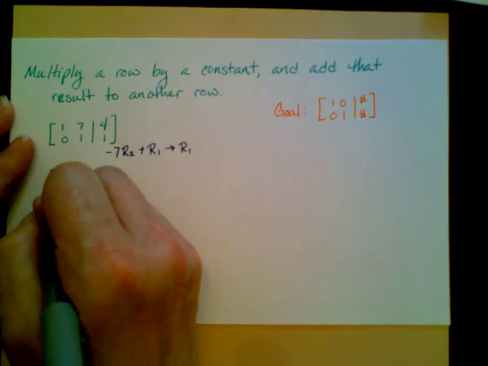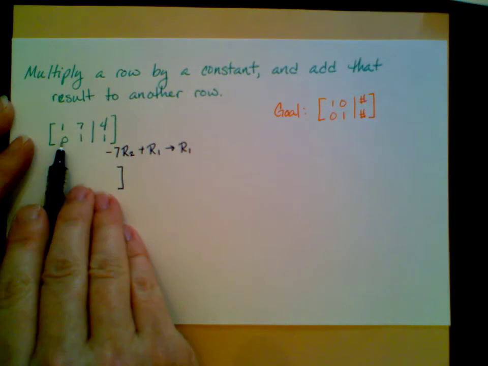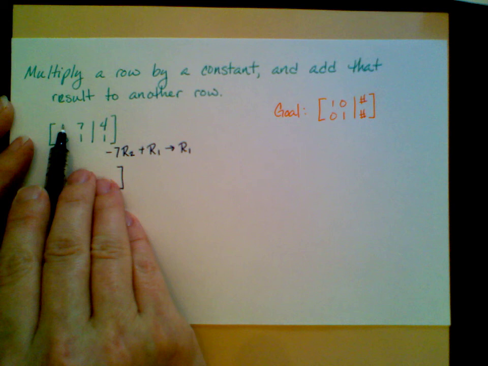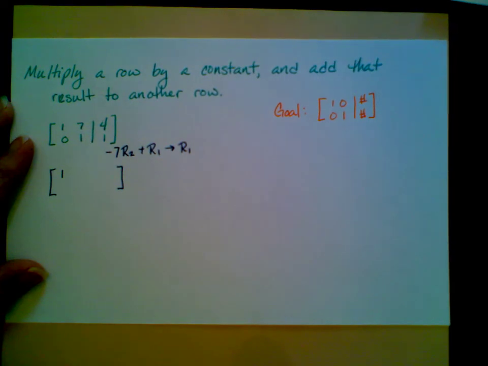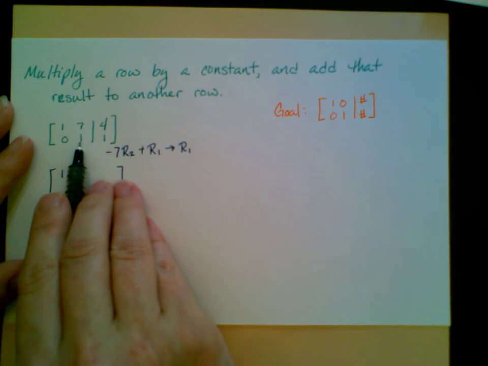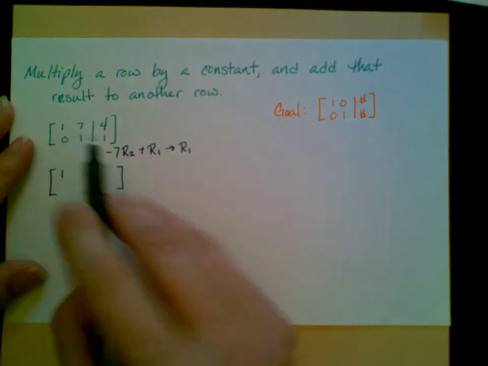So, negative 7 times 0 is 0. 0 plus 1 is 1. So next, negative 7 times 1 is negative 7. Negative 7 plus 7 is 0.